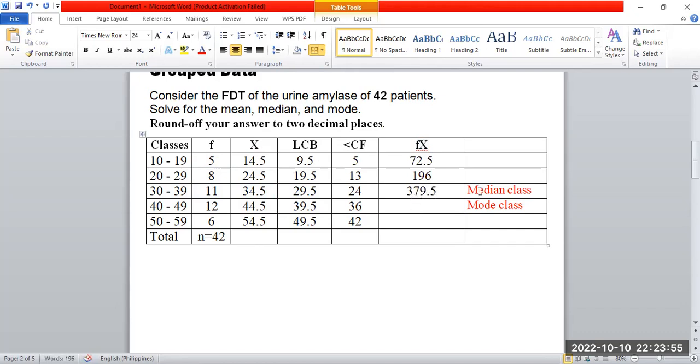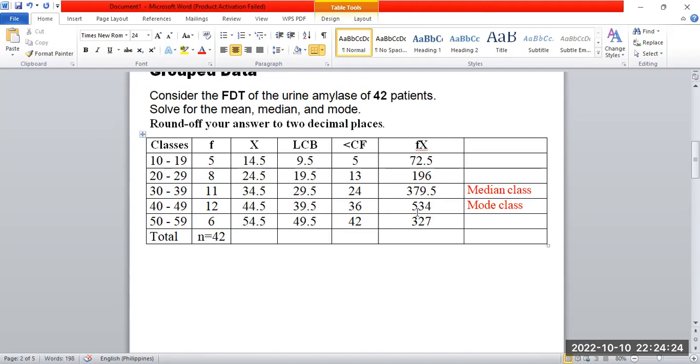The next one is the 12 times 44.5, that is equal to 534. And then last, 6 times 54.5, that is equal to 327. So we are looking for the summation of F times X. Ito na mga frequency times class mark per class interval.